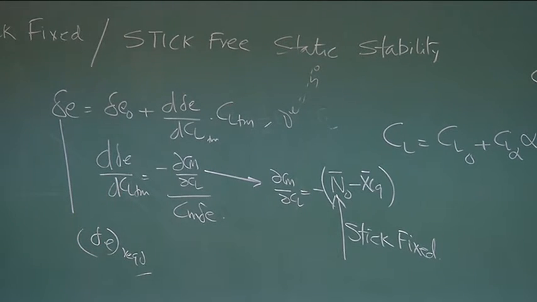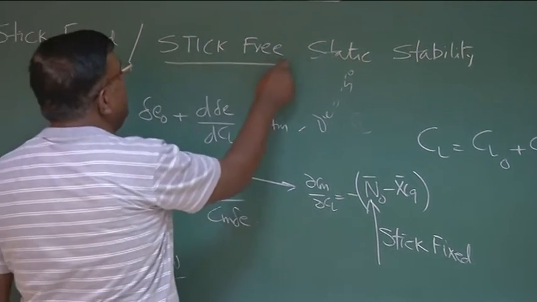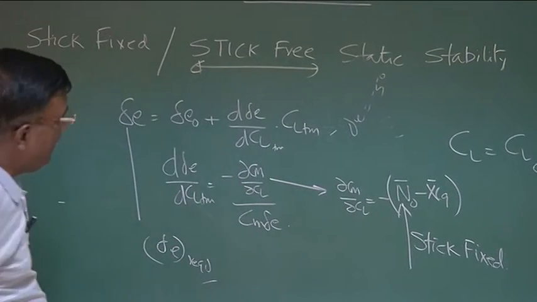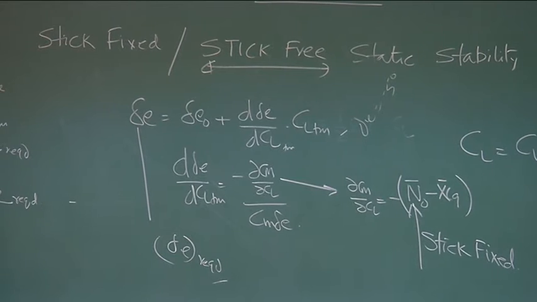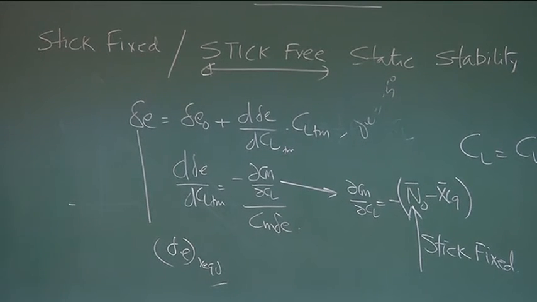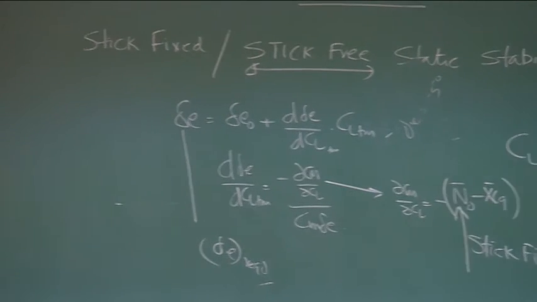But why is there a need for stick free stability? Please understand, the stick free stability we defined for the simple reason that we wanted to model how much stick force the pilot will apply to get that elevator, let's say minus 5 degree for this case.